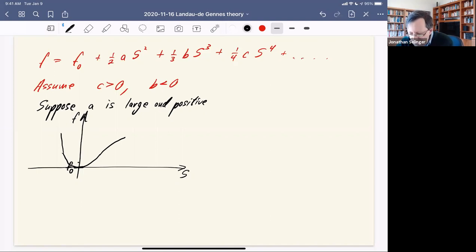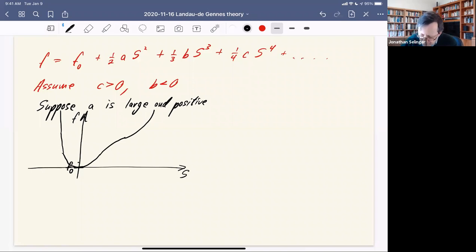Then when S becomes even larger, the CS to the fourth term is going to become important, and the shape will just be pushed upwards. So we would expect to get a plot of the free energy that looks something like this.